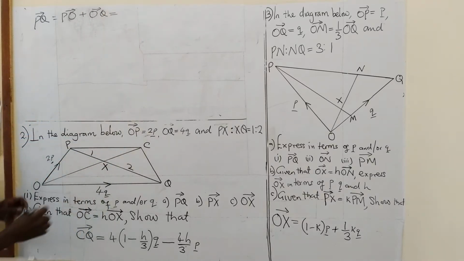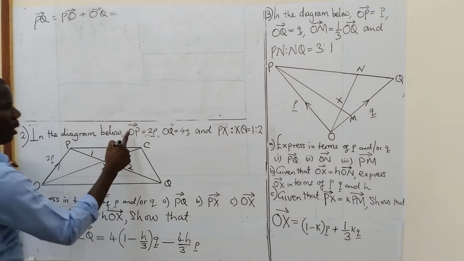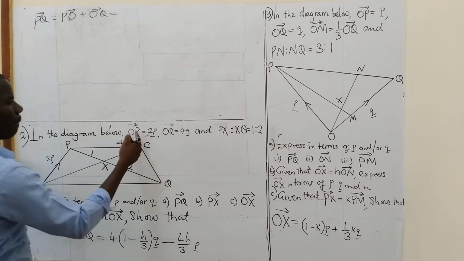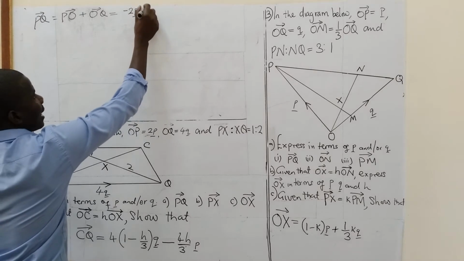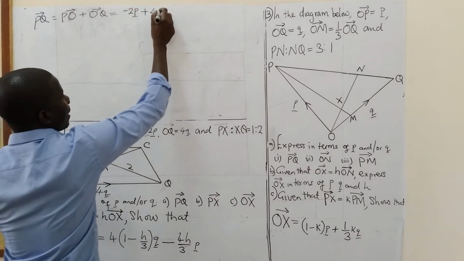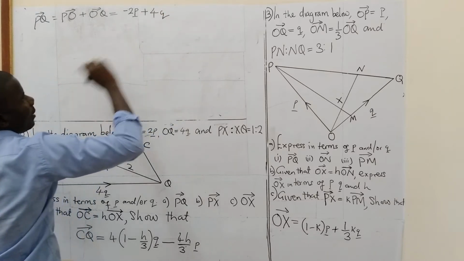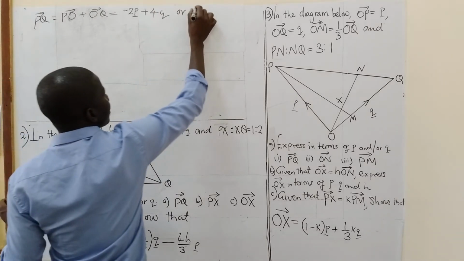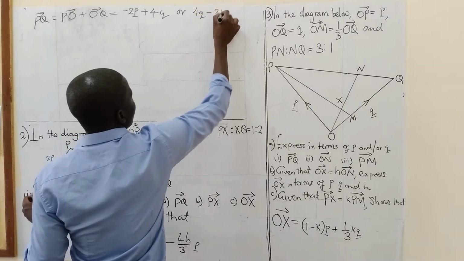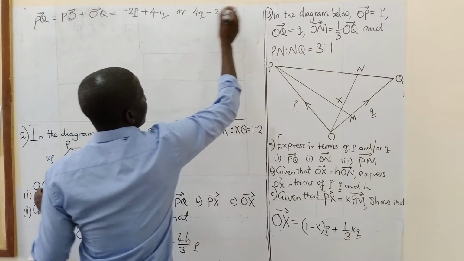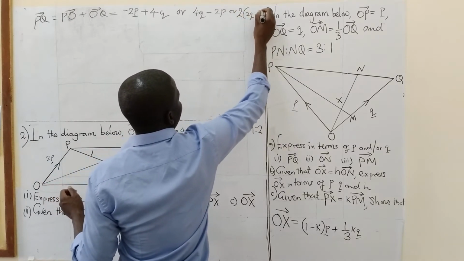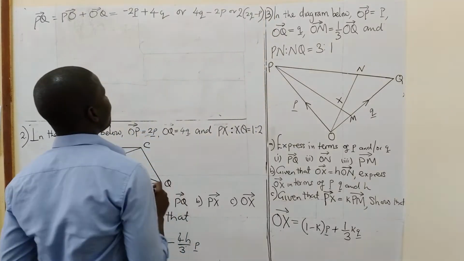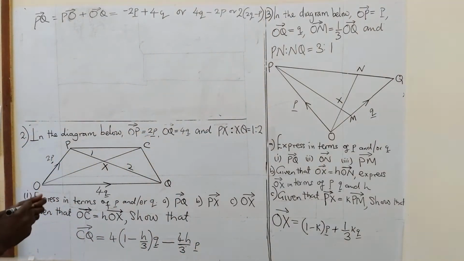We are going in the opposite direction, and we are told that OP is equal to 2P, so PO is going to be minus 2P plus 4Q. We can rewrite this as 4Q minus 2P, or factorize, since 2 is common, and have 2(Q minus P). We are still dealing with one and the same thing.